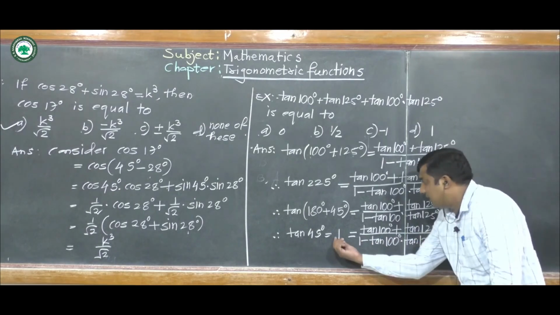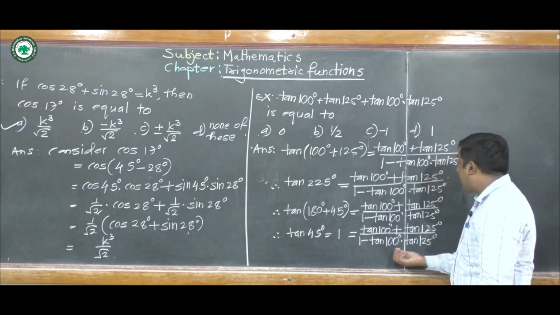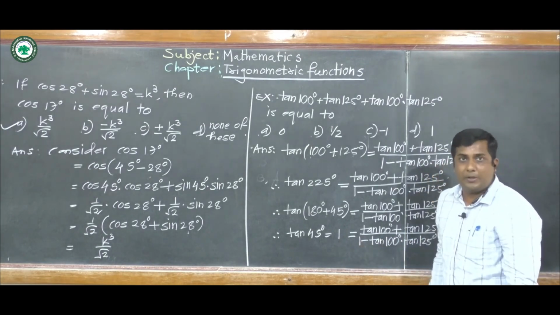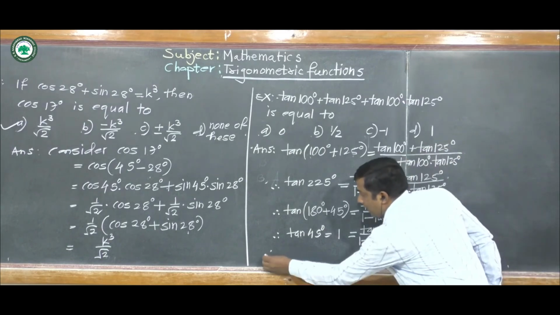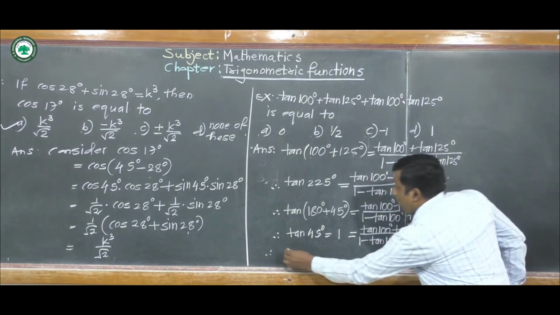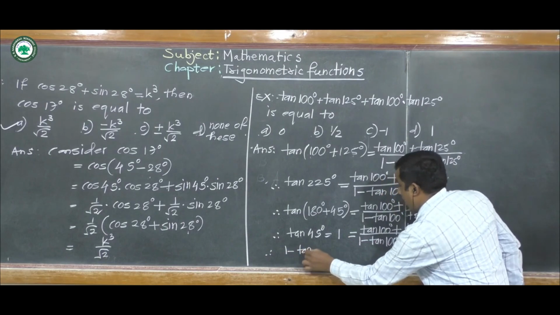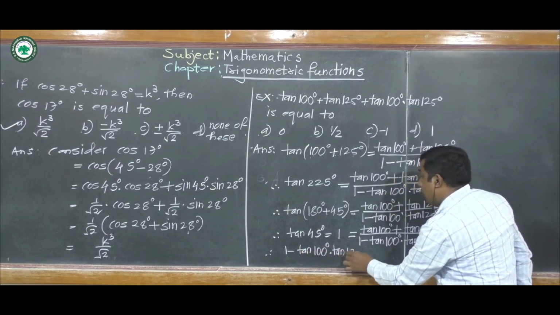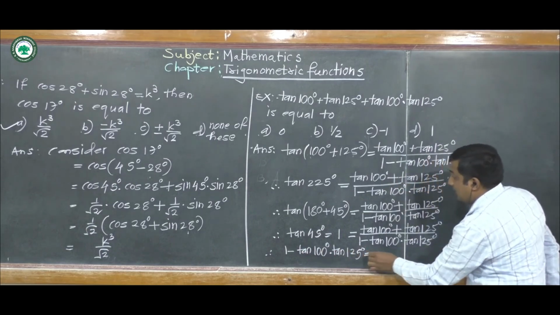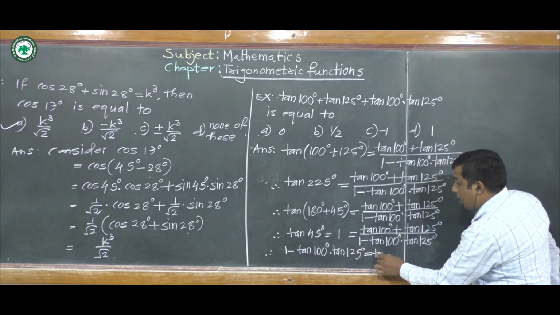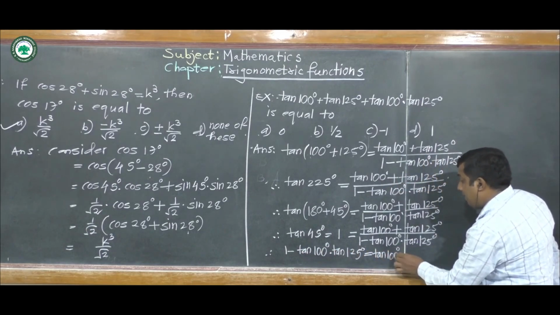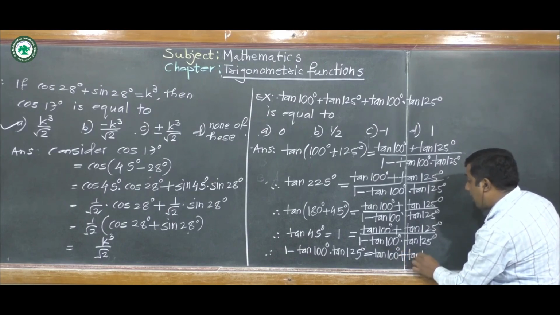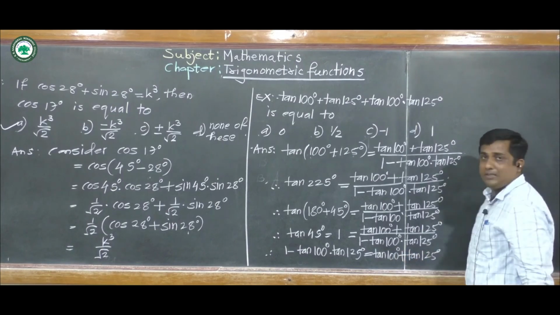Let's multiply this 1 by 1 minus tan 100 into tan 125 degrees to find the value. So 1 into this is 1 minus tan of 100 degrees into tan of 125 degrees. This is equal to tan of 100 degrees plus tan of 125 degrees as it is.